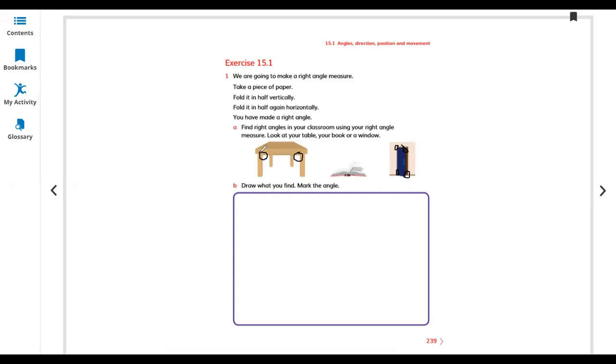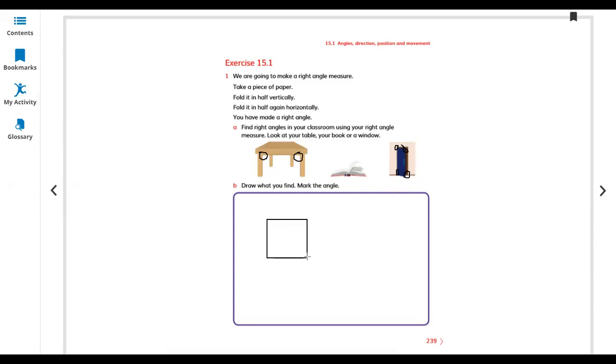Question B. Draw what you find, make the angle. So anything in your room, like a table or chair, you can draw it and then circle the right angle if you find it.